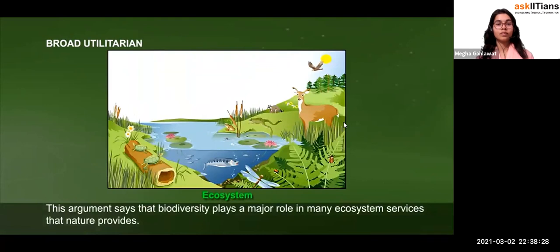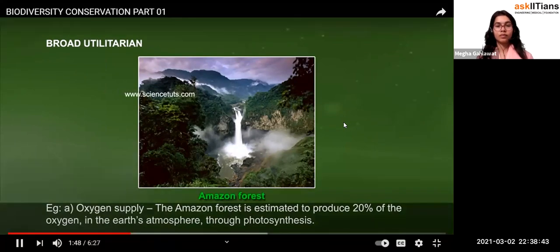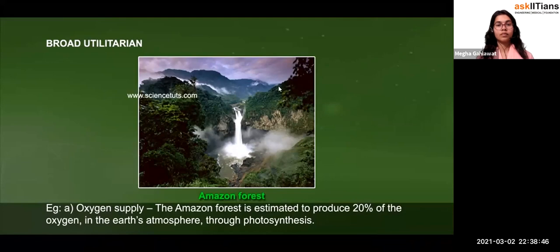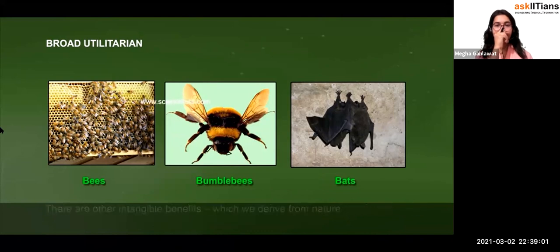Broadly utilitarian. This argument says that biodiversity plays a major role in many ecosystem services that nature provides. Example A. Oxygen supply. The Amazon forest is estimated to produce 20% of the oxygen in the Earth's atmosphere through photosynthesis. B. Pollinators' role. Pollination is another service that ecosystems provide, through pollinators like bees, bumblebees, birds, and bats.